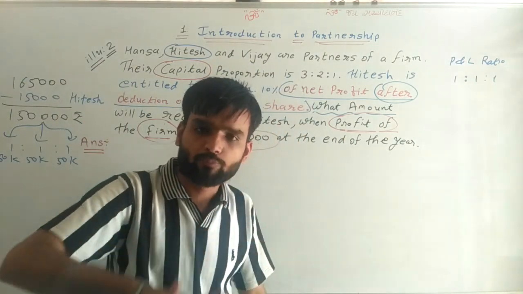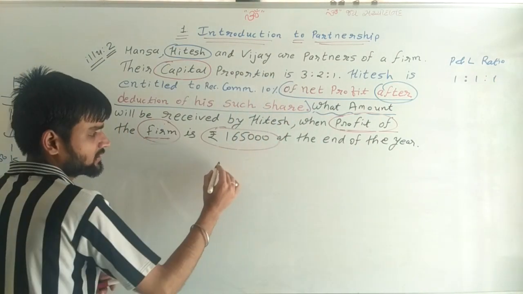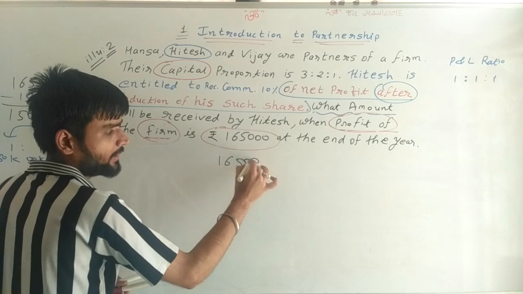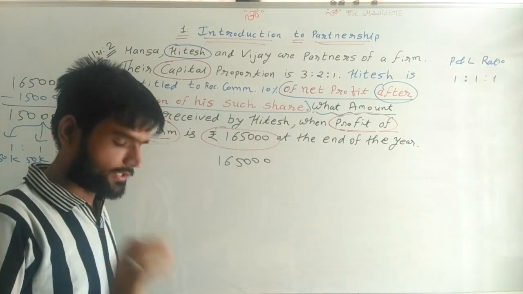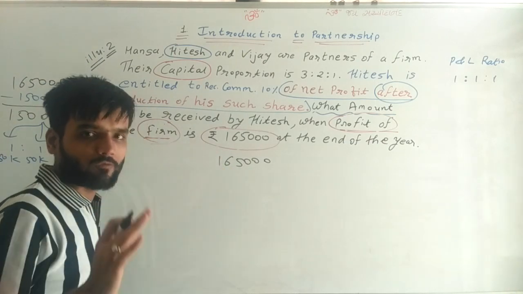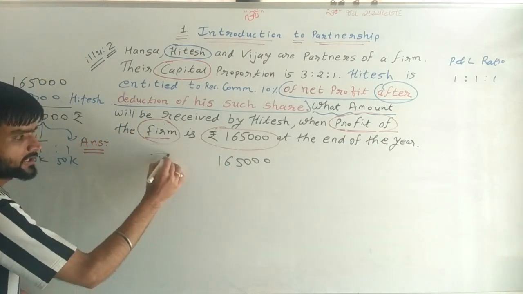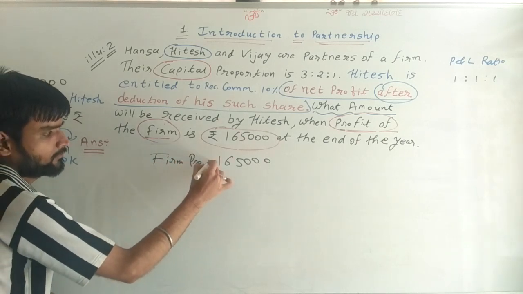Now all of you know the whole sum, and in that sum you have the answers of commission also. 1,60,000 is a profit, and it is a firm profit. All of you know, so it's my firm profit.